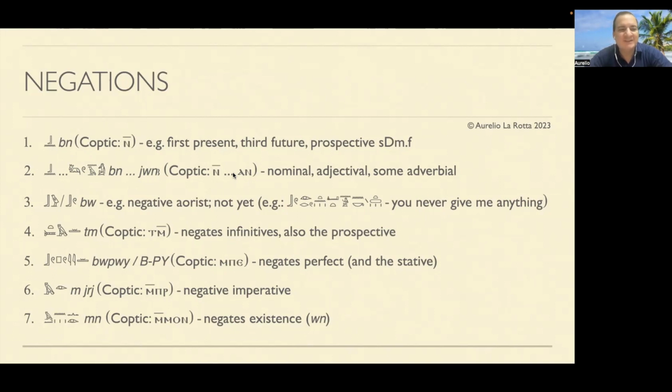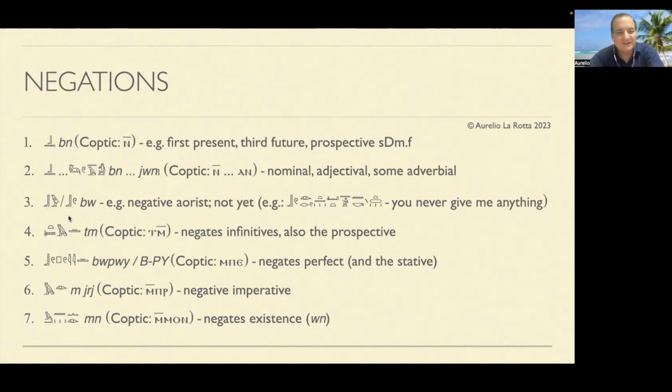Middle Egyptian has something similar with n and is, although I'm not sure they're being used exactly the same way. In the book, they are basically put side by side to indicate that it's a similar construction. I'm just not sure they're being used in the same use cases. This one I've seen with nominal sentences, with adjectival sentences, some adverbial, and I'll show you some examples in a moment.